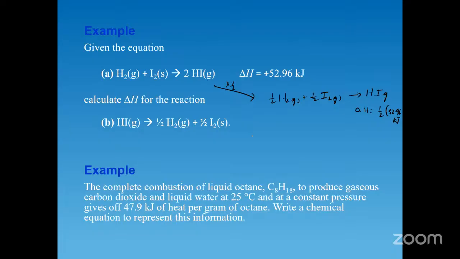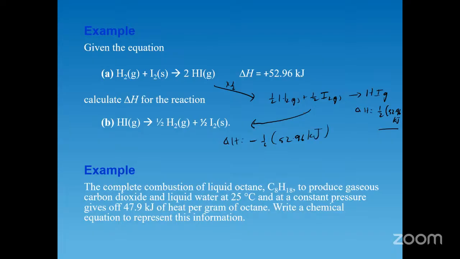Okay, and then to flip this to get this equation where the reactants become the products and vice versa, this begs the question, well, how does that change the resulting delta H value? And if you remember, I said, if you were to flip the equation, the sign would be changed, right? So therefore, delta H for this reaction here is going to be equal to minus half of 52.96 kilojoules.